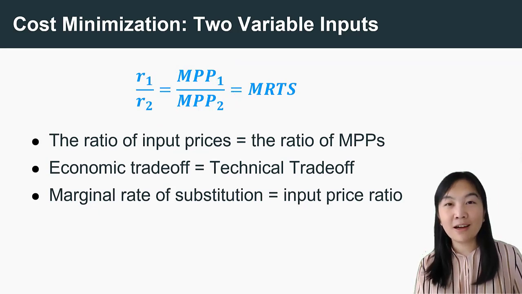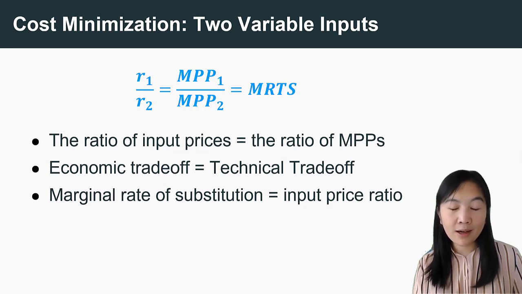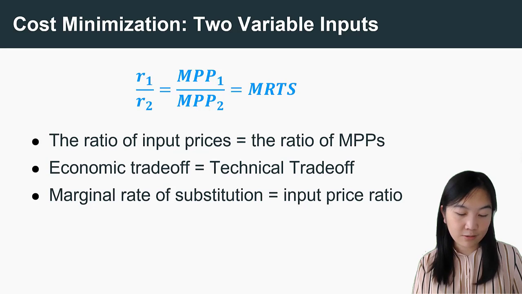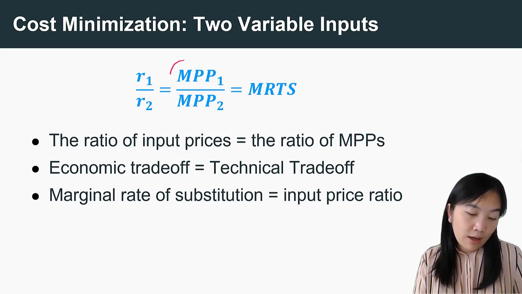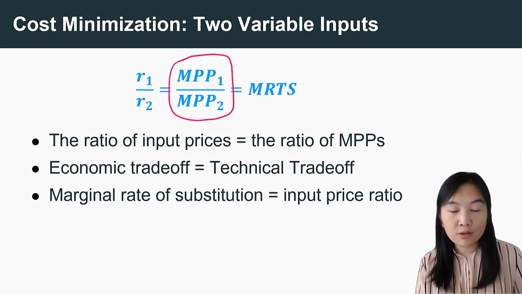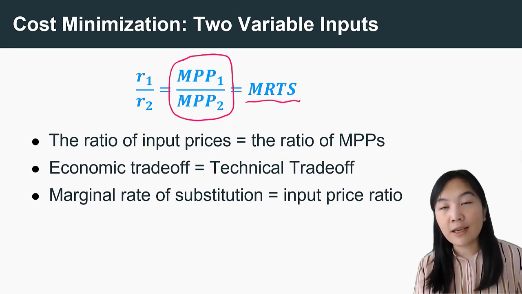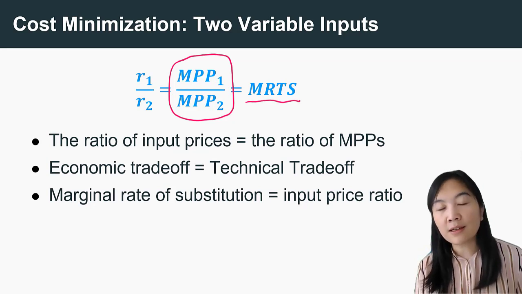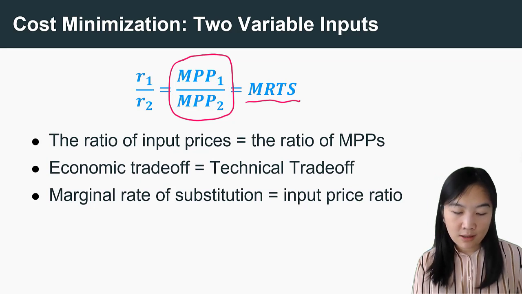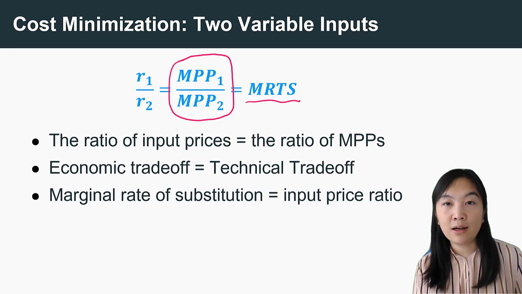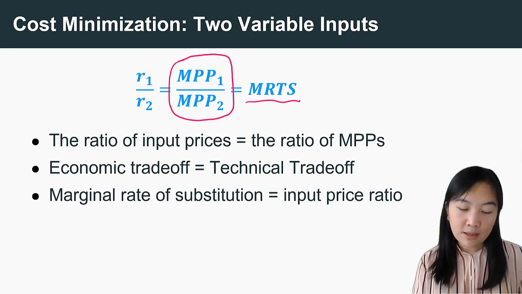I did mention there are more price ratios in this course, and here is another one. If you still remember the ratio of the two MPPs from when we introduced the concept of RTS, or marginal rate of technical substitution, then this ratio is actually equal to the marginal rate of technical substitution.